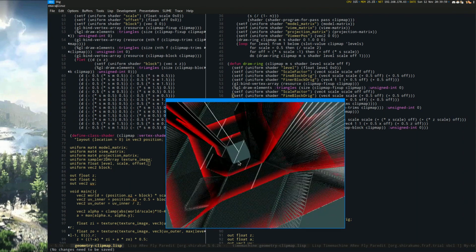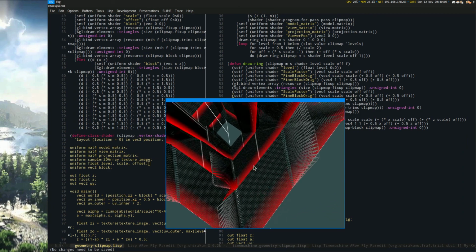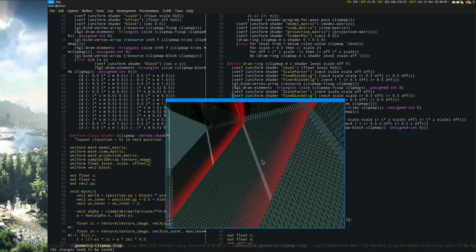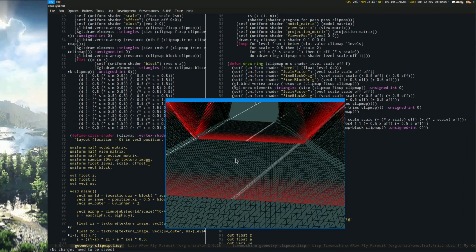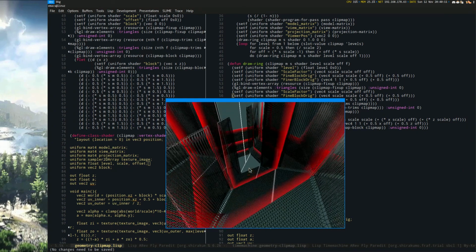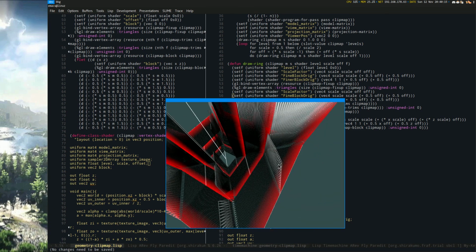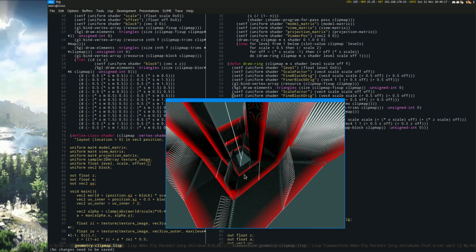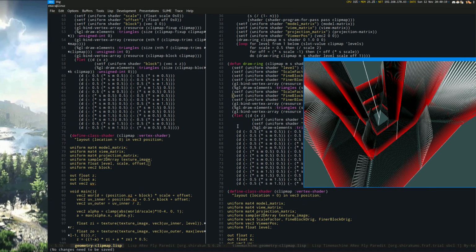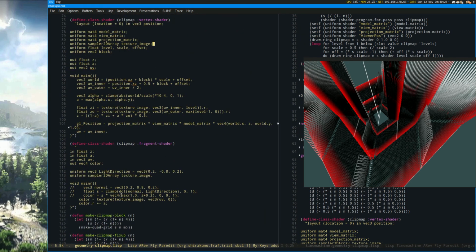Good. What is that down there? What is this? Why is it getting brighter there? They're not? Oh! Yeah, that's a separate issue. Don't think it's looking things up right.